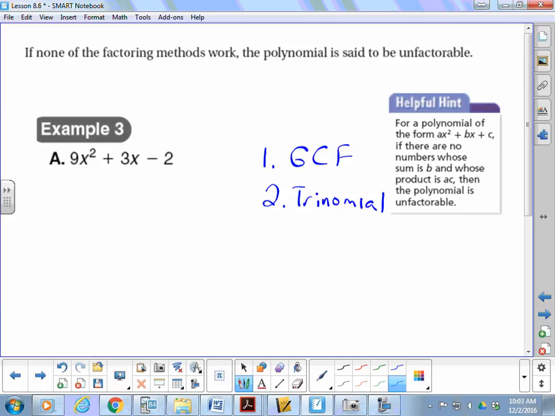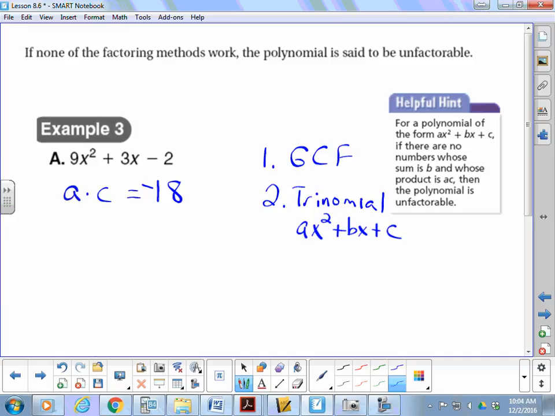So then I have to use my other methods for when I have a trinomial in the form of ax squared plus bx plus c. So we multiply a times c together and we get negative 18, right? 9 times negative 2.